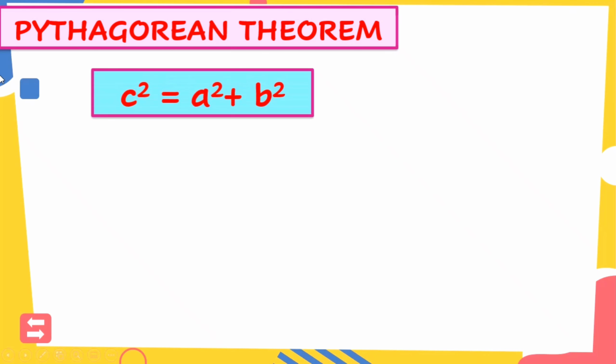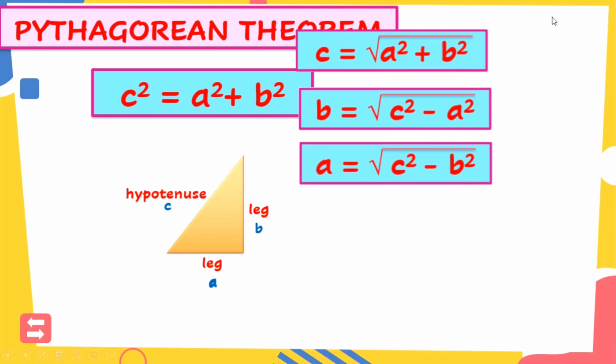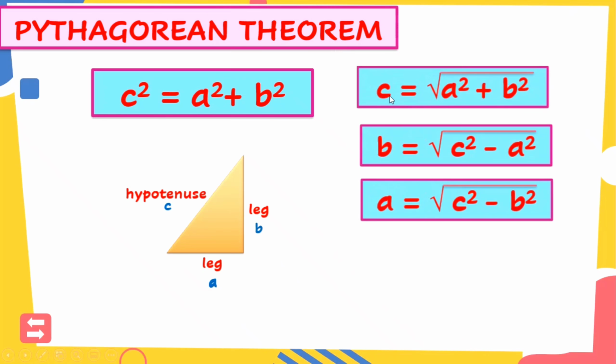So, again, huwag kalimutan yung Pythagorean Theorem natin. C squared is equal to A squared plus B squared. At para mas mapadali, pwede mong gamitin na lang yung formula na to. Kung hinahanap mo yung C o yung hypotenuse, square root mo lang, then get the sum of the squares of the two legs. Kung B naman ang hinahanap mo, tsaka A, imbes na add, ang gagamitin mo is minus.